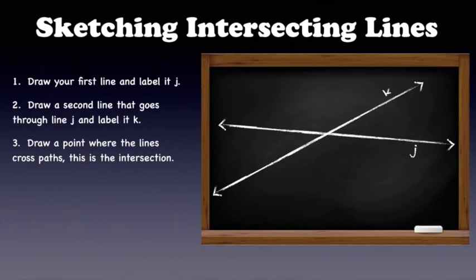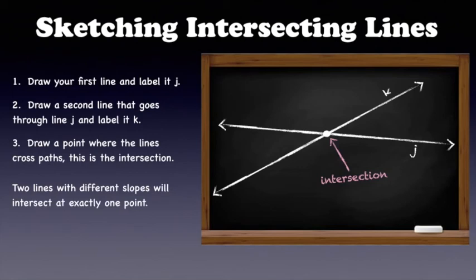This is the intersection point. Two lines with different slopes will intersect at exactly one point.